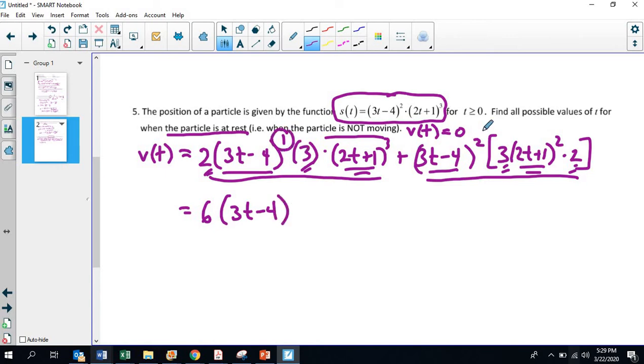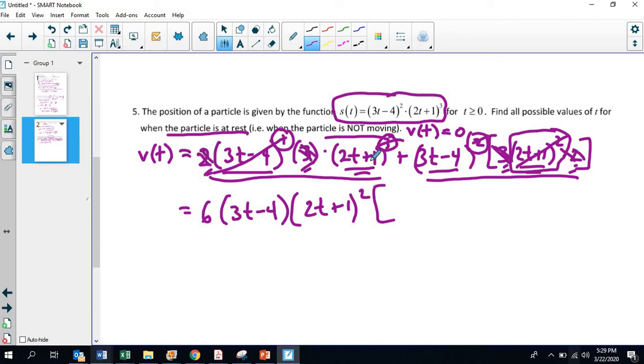This is power of 1, this is power of 2. And so we pull out one of them. This guy has two 2t plus 1s, and this one has 3, and so we pull out two of them.